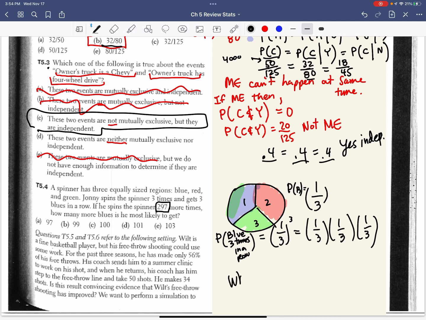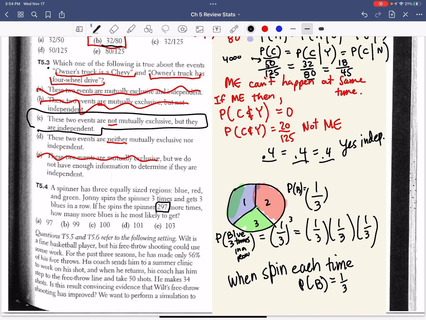So when you spin each time, regardless of whatever you just got done getting, the probability of spinning a blue is the same. It's going to be 1/3 no matter what.